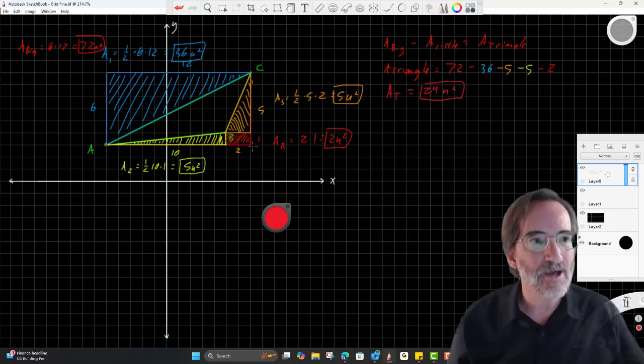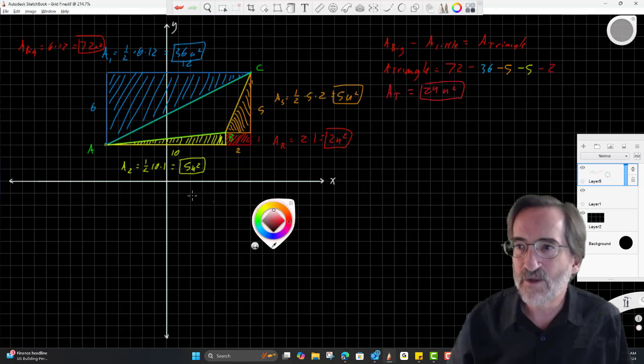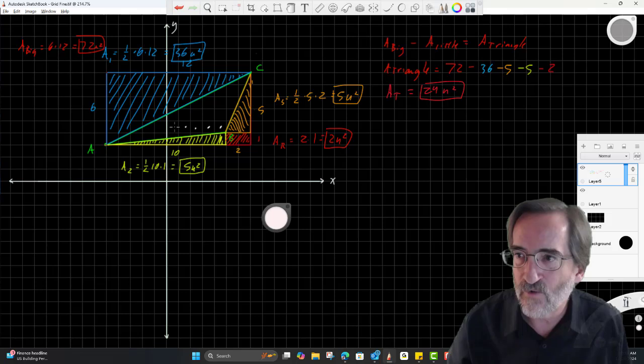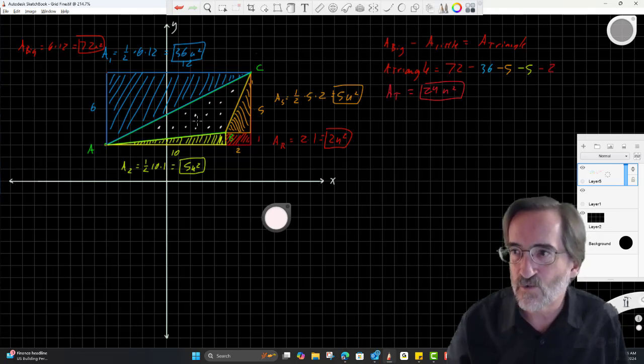Let's estimate that just to make sure we got it right. One of the ways you can estimate the area of a triangle is count the squares inside it. I'll count the full squares. 1, 2, 3, 4, 5, 6, 7, 8, 9, 10, 11, 12, 13, and then I'll count the ones that are mostly squares, right?